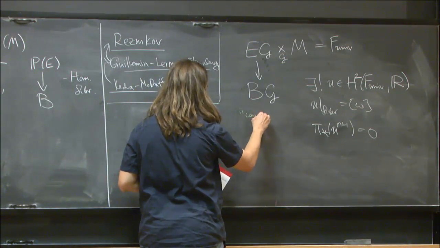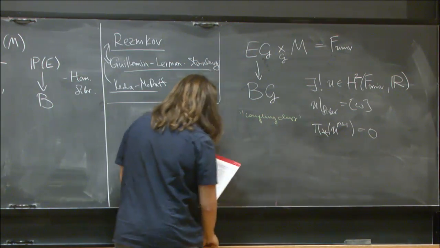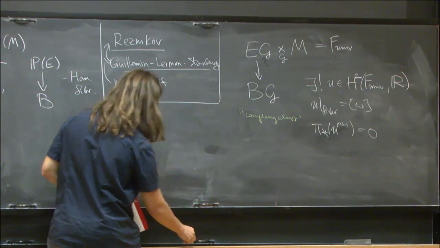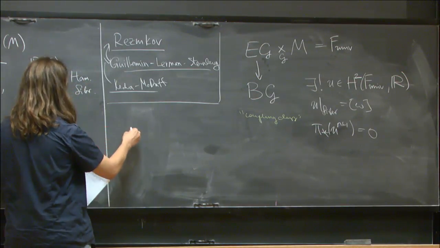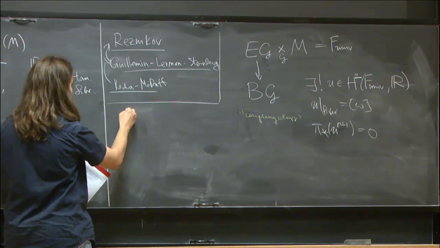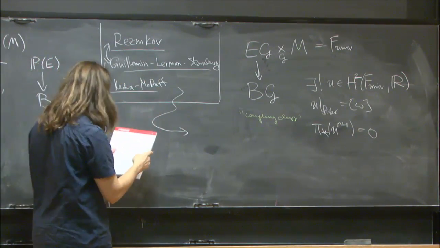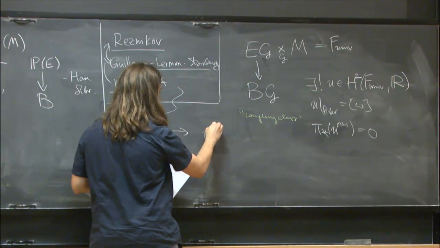And Reznikov constructed the following classes. What's happening here is the following. One can take u to the n plus 1.